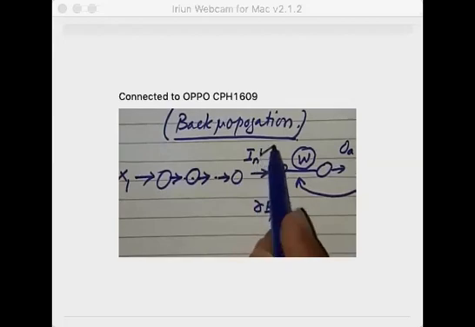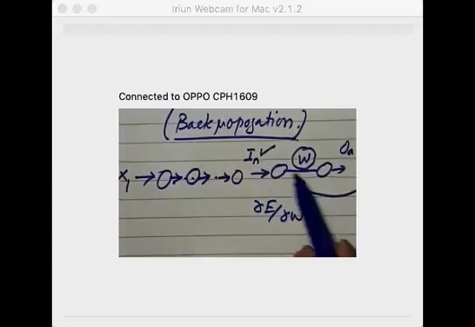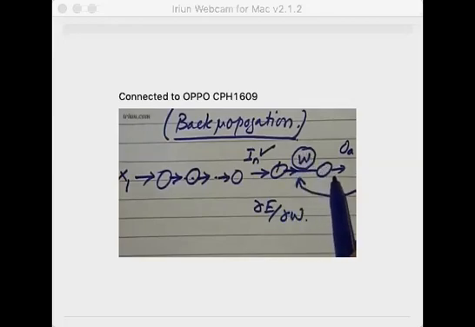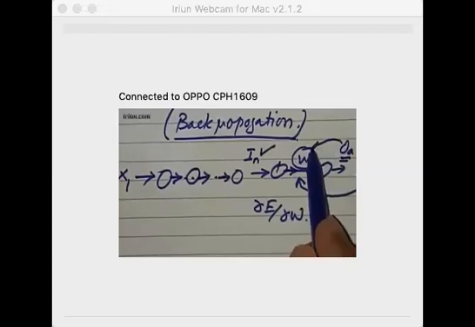We call that input IN, and it generates this output, which is then weighted with respect to this weight and goes into your final output neuron. So the output here, which is OA, is a direct function of this weight W.